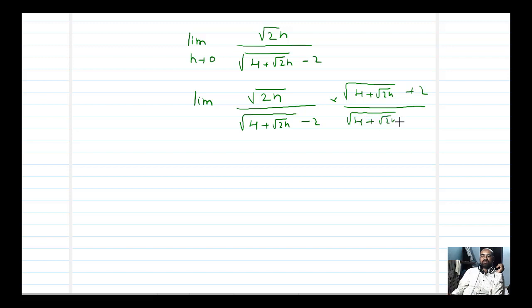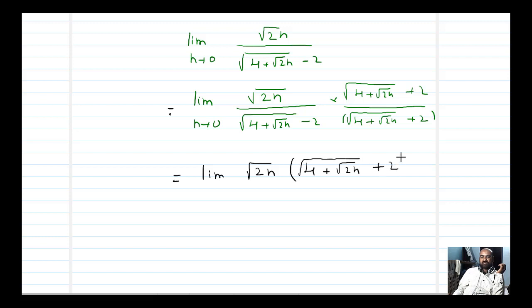This is the same as the limiting value of root 2h as it is, root over 4 plus root 2h plus 2 as it is. Denominator is (a minus b) into (a plus b): a square minus b square is, here, 4, h is tending to 0. Friends, 4 gets cancelled, and the 2h also gets cancelled.